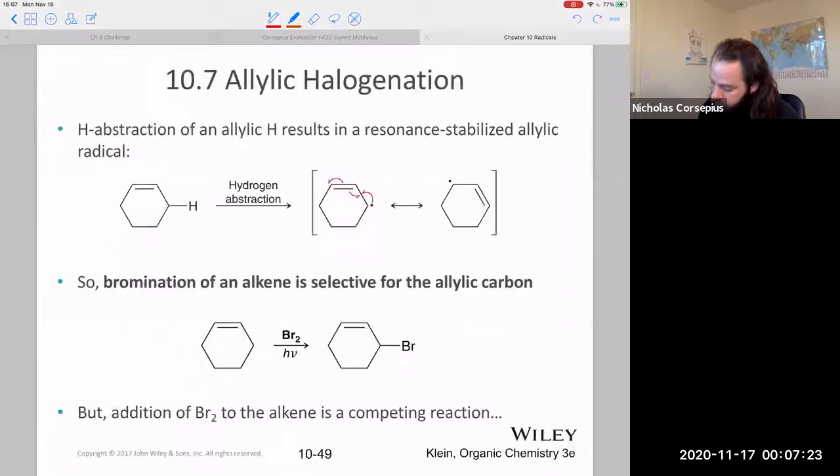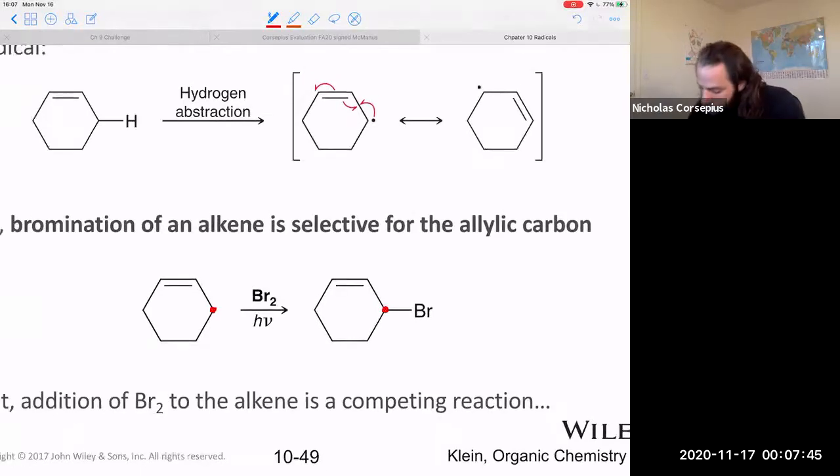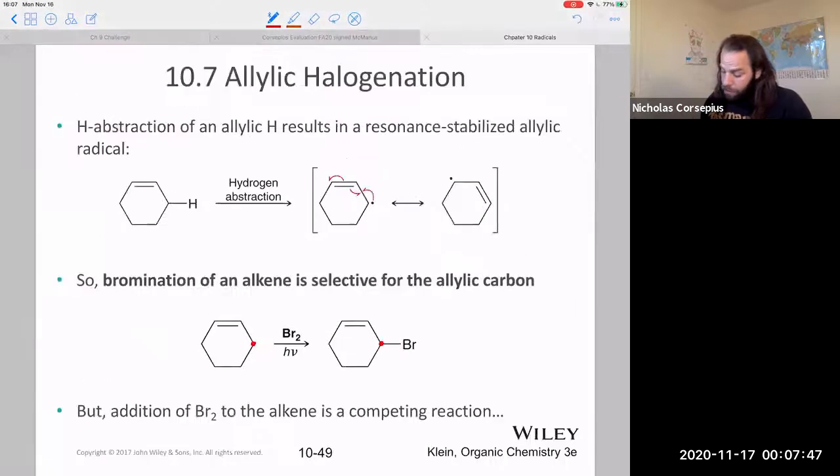What happens is when you take a bromine radical and react it with an alkene, you can get substitution on that allylic carbon. Notice that I have my allylic carbon that has a new carbon-bromine bond. Now, unfortunately, you can't just toss in Br2 and hit it with light.